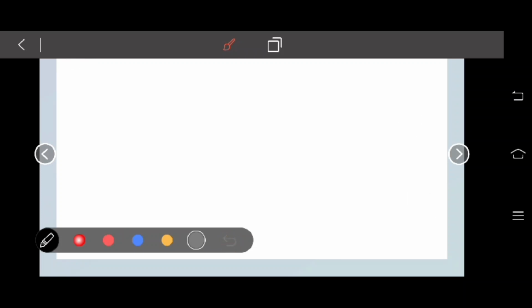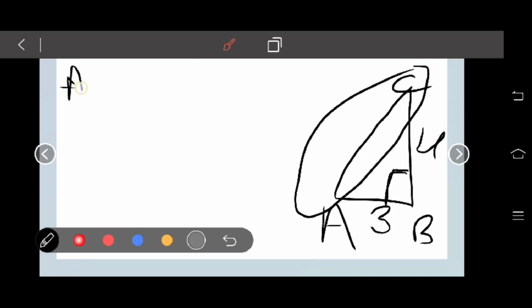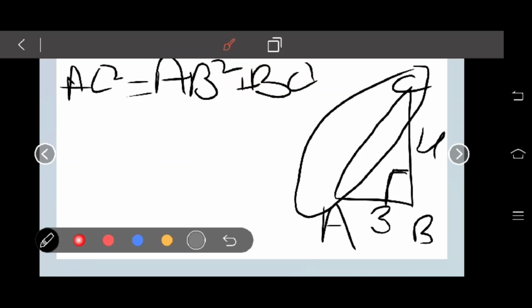For example, let's take this same right angle triangle with B, A and C, same. Let's not get confused again. So if I take this as 3 and this as 4, what will be the answer? See, you have to find out this longest side. So AC square is equal to AB square plus BC square. Am I right?